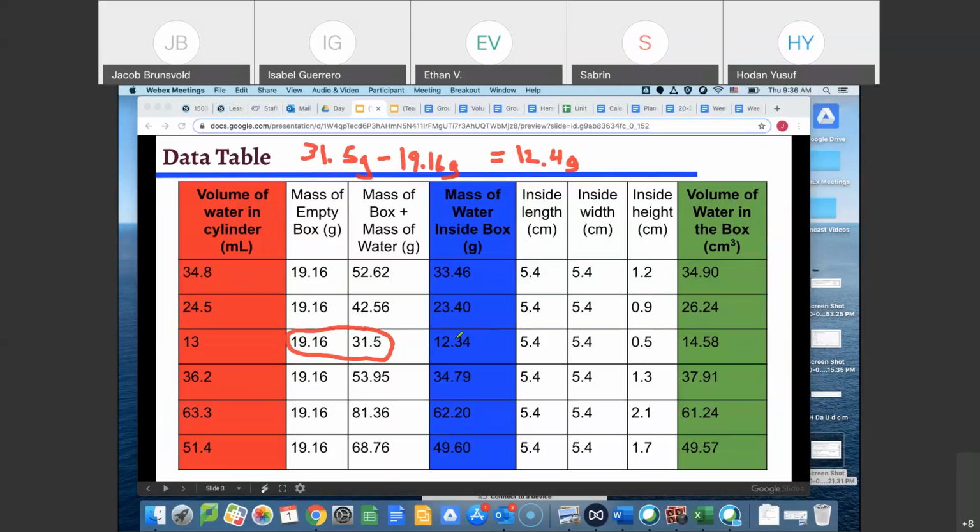Okay, so then let's do one more calculation. I'm going to show you how to calculate the volume. To do the volume, I'm going to do this in blue. We're just going to be multiplying these three values together. And so then I'm just going to erase up top here.